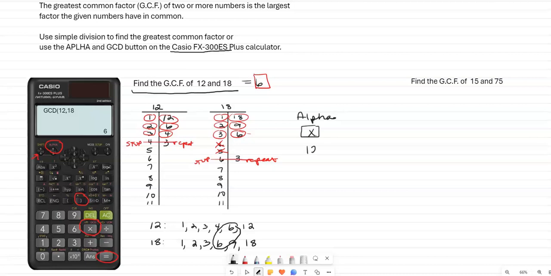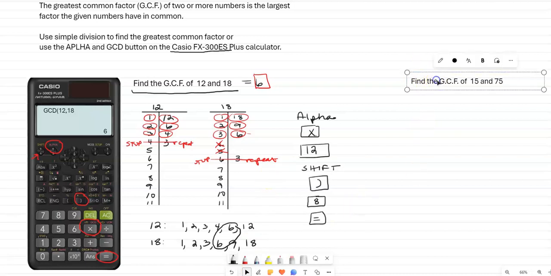You'll type in the number 12. You'll press the Shift key. Then you'll press the open parentheses. And then you'll enter the number 18 and then press the equal button. And you'll see the answer is 6.